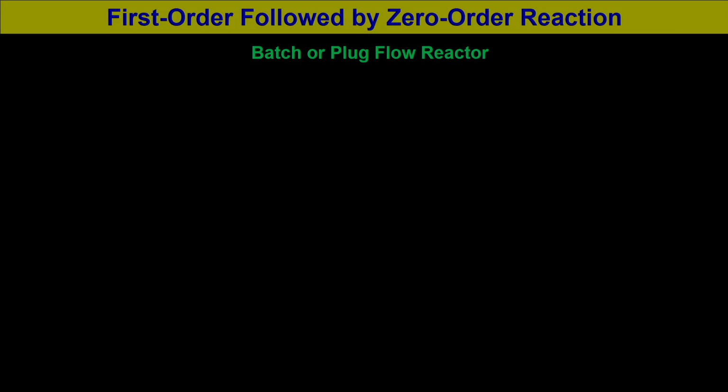Now, let us consider first order reaction followed by zero order reaction. So, for a typical case of A to R to S, this is K1, this is K2, and the first one is first order, N1 is 1 and N2 is 0.